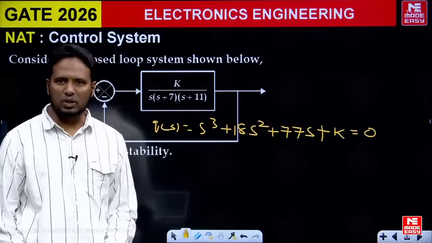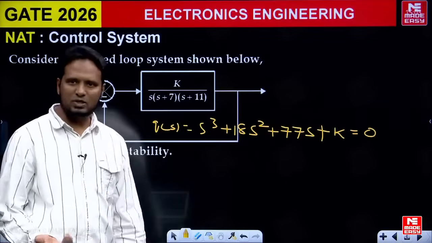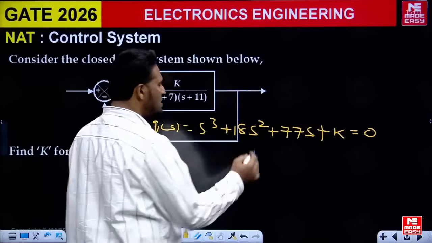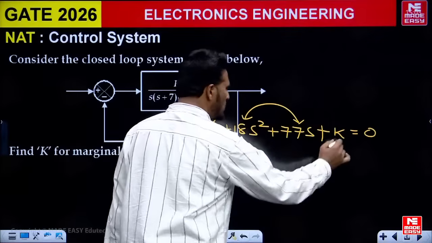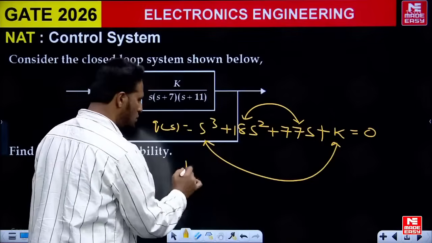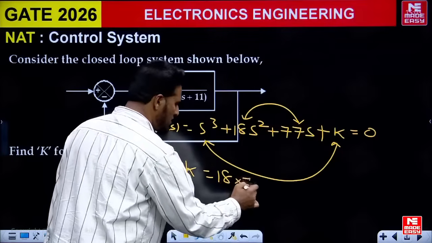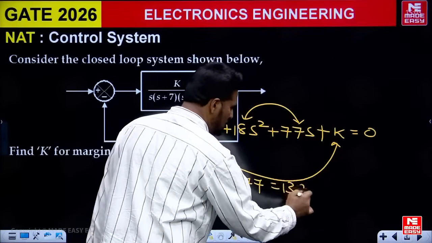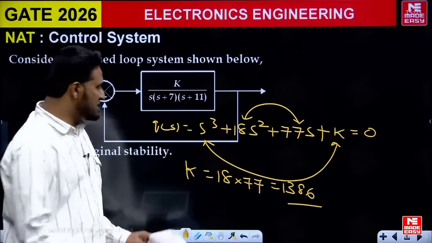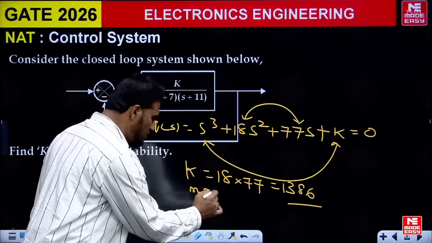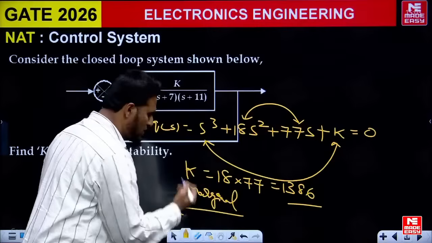As usual, in a third order system, for marginal stability, the product of the inner coefficients must be equal to the product of the outer coefficients. So K becomes 18 multiplied by 77, which is 1386. This is the value of K for which the system becomes marginally stable.